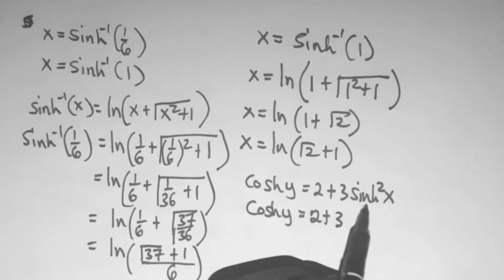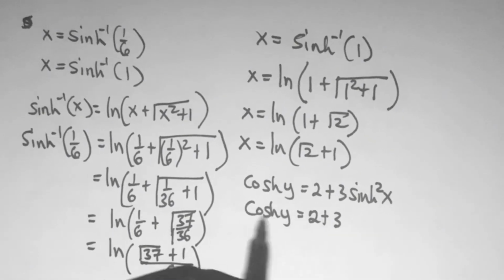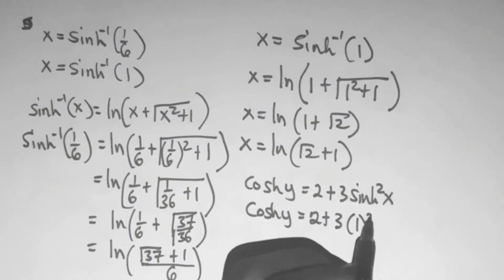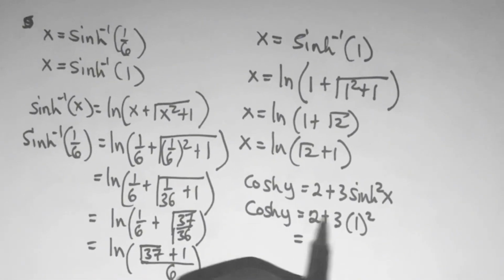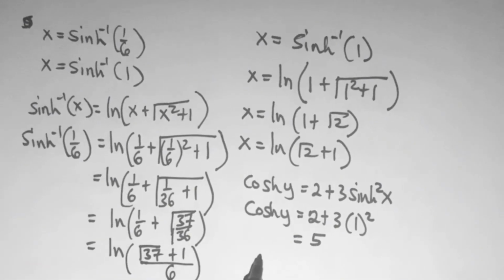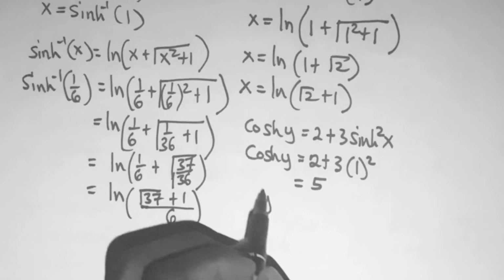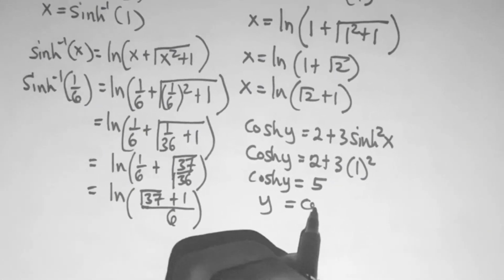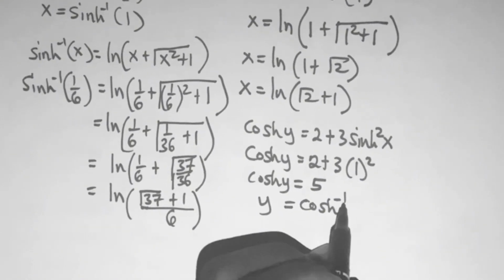We said that one of the sinh x was equal to 1, so we replace here with 1 squared. That will give us 2 plus 3 times 1 squared. That's 5. So cosh y is equal to 5, so y is equal to cosh inverse of 5.